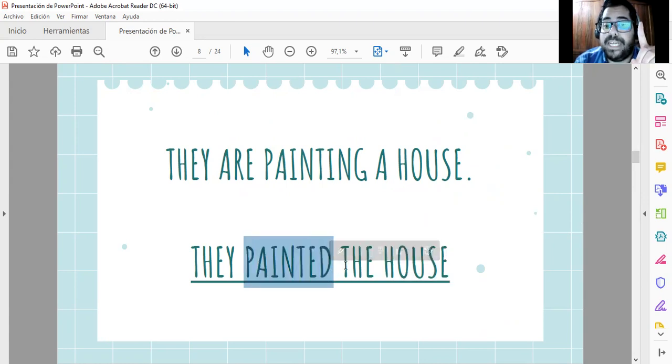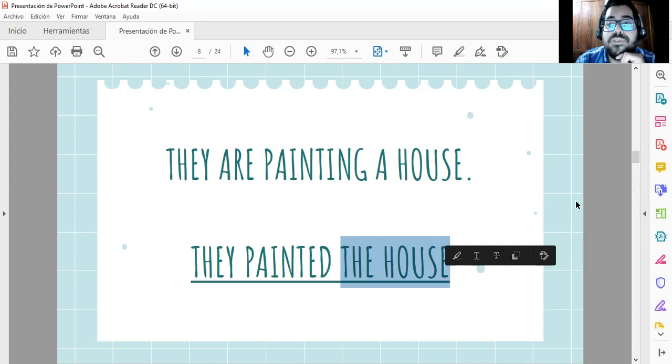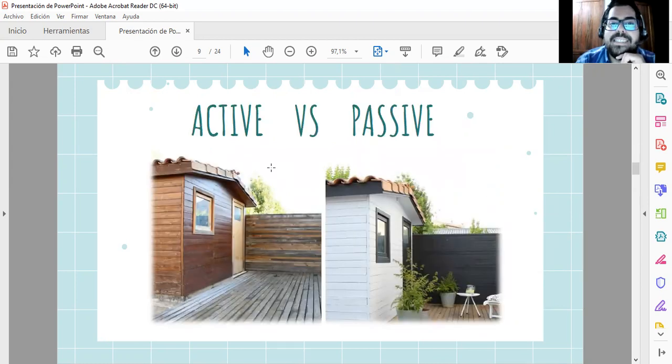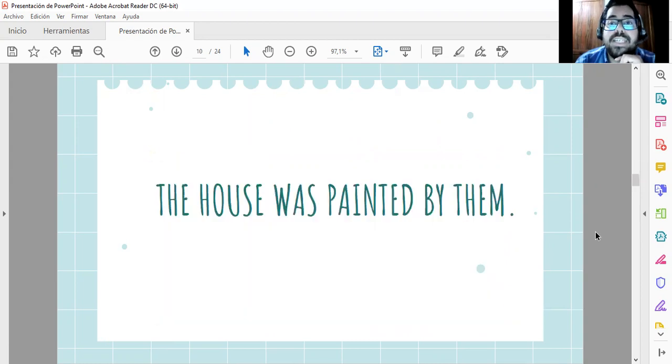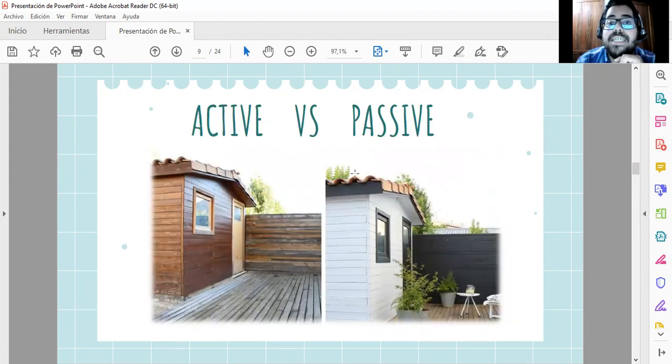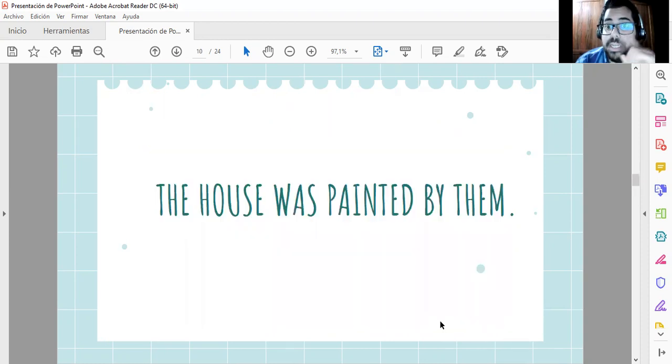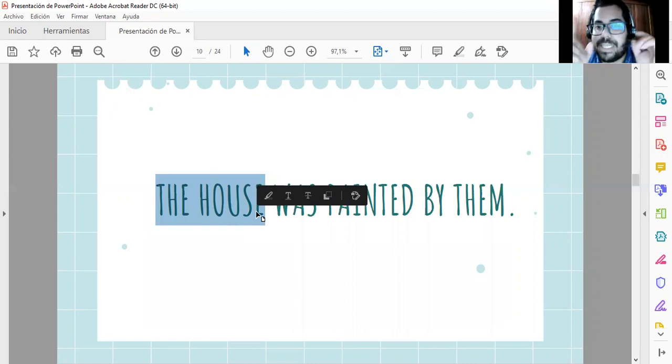That's how to obtain the object: the house. So in this case, guys, we're going to do a passive voice structure, because we're thinking about the object, about the house. Yes, teacher, in the passive voice we put the object at the beginning. Yes, the object or the receiver becomes the subject.